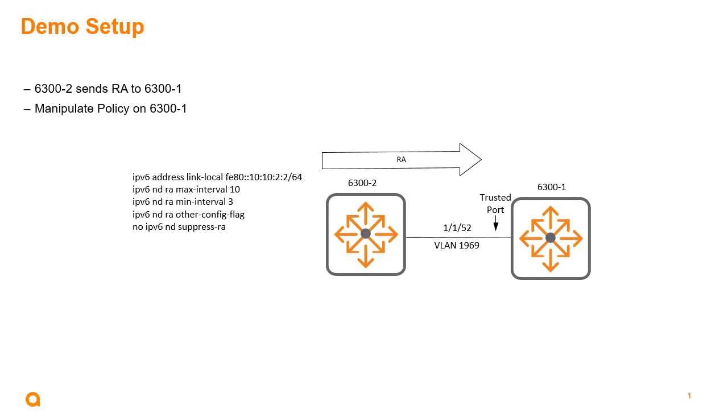We've also set the other config flag to on, and then we've got the no suppress of the RA, so it means RAs are being sent. Both the switches are connected by port 1152. We have got VLAN 1969 on here. 6301 has the trusted port, and this will be where we're going to apply the RA guard policy. So let's move on to the demo.